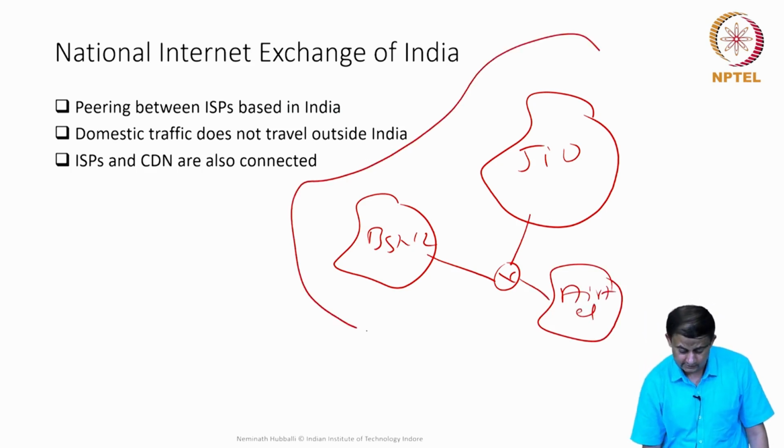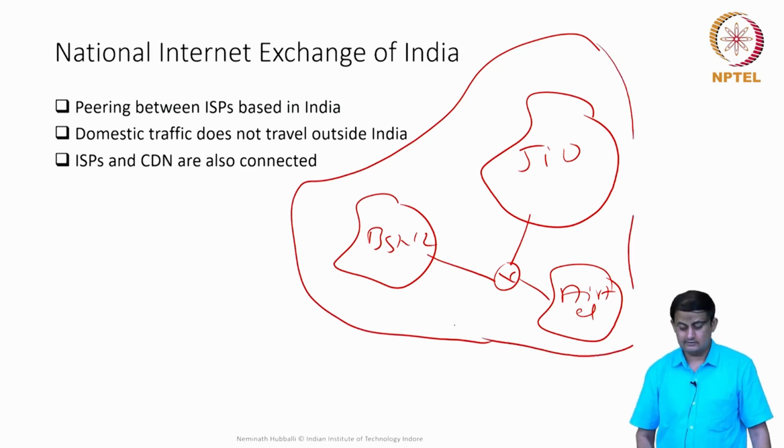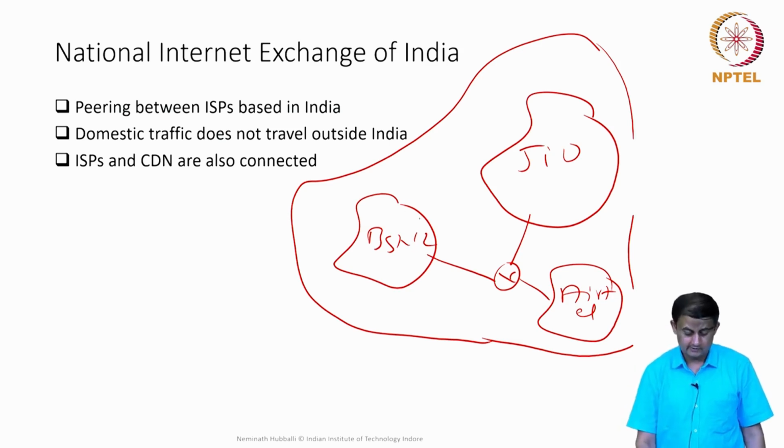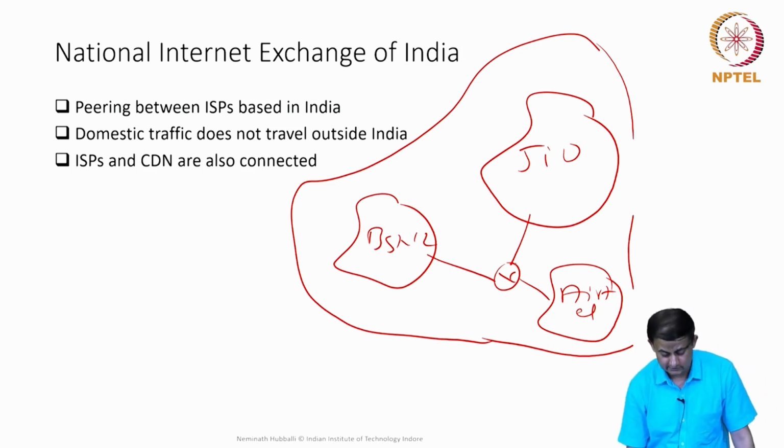All of them together might be buying bandwidth from tier 1 ISPs, but BSNL doesn't have to send the traffic to their tier 1 ISP to exchange packets between these networks. So this is where NIXI comes into the picture.